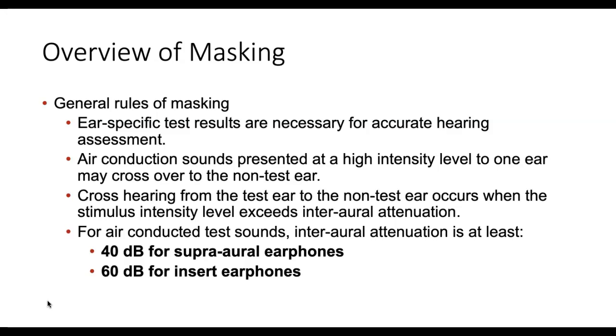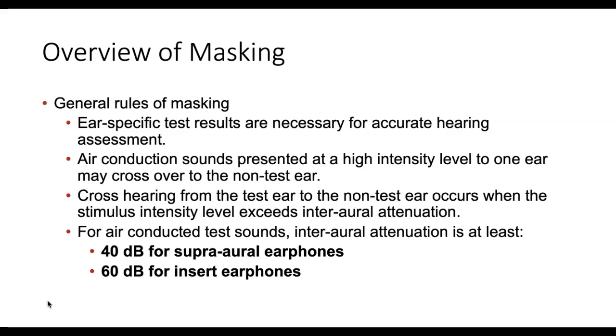When we use specific types of transducers, and in this example there are the supra-aural headphones versus the insert earphones, we can expect that the head will reduce the amount of sound by 40 dB from one side to the other for supra-aural headphones, and then about 60 dB for insert earphones.